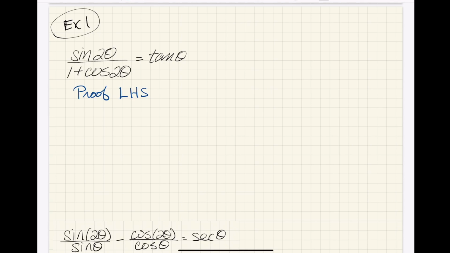So we're going to start with the left-hand side, which is the sine of 2 theta over 1 plus cosine of 2 theta. Now, to start this proof, we don't have much choice. On the left-hand side, in the numerator, there is only one choice for the sine of 2 theta.